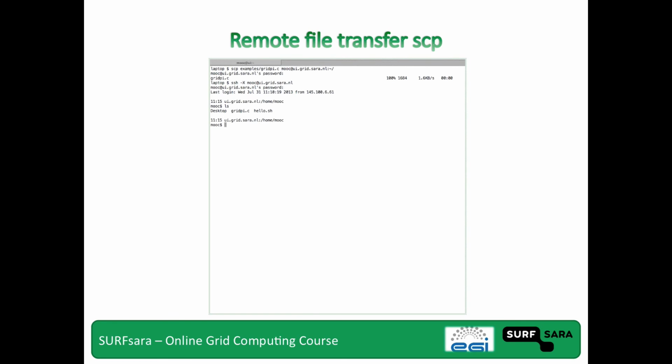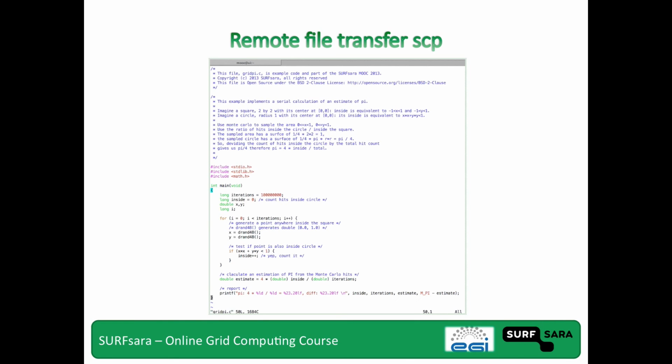So there we go, we're logged in, and as we can see, the gridpy.c is now available. And let's just inspect it to see what we're doing. So this is one of the examples that we'll use during the MOOC.